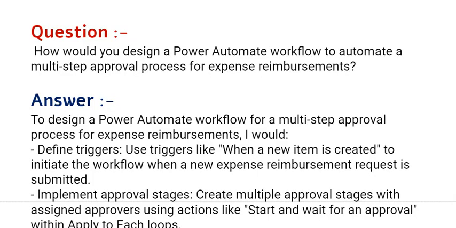The question is, how would you design a Power Automate workflow to automate a multi-step approval process for expense reimbursements? Your answer should be, to design a Power Automate workflow for a multi-step approval process for expense reimbursements, I would define triggers. Use triggers like when a new item is created to initiate the workflow when a new expense reimbursement request is submitted. Implement approval stages.